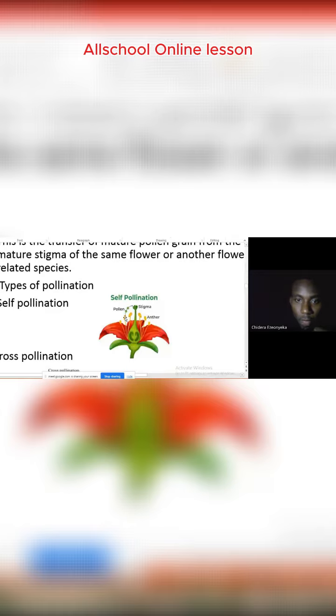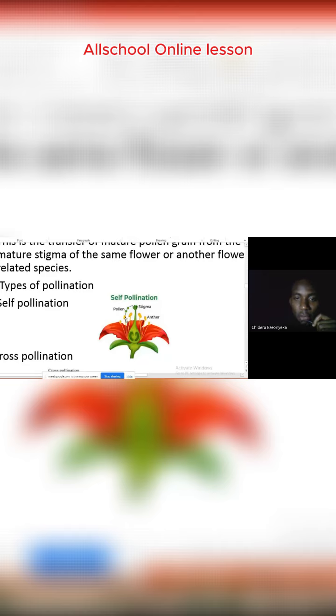The pollen grains inside this anther are what we call pollen grains in flowering plants. The transfer of that grain from the anther to the stigma of this same flower is what we call self-pollination.